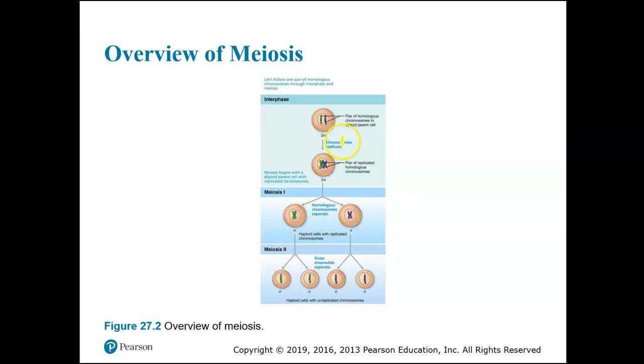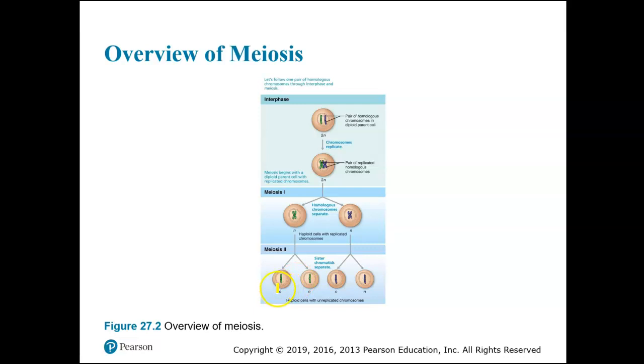So you can look at the pictures. Here's your parent cell before interphase. This one has only 2 chromosomes. That's the diploid number. And it replicates, and you've got 2 chromosomes with 2 sister chromatids each. Still diploid number. After meiosis 1 occurs, you will have 1 chromosome that is still duplicated.